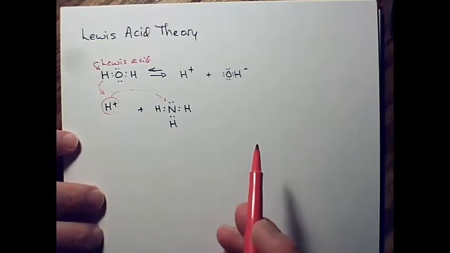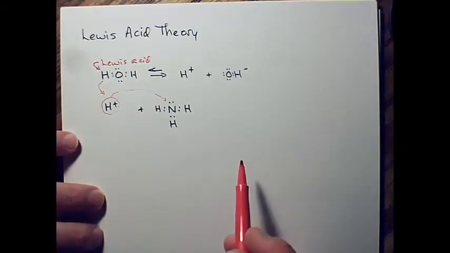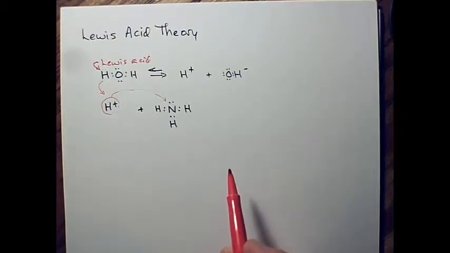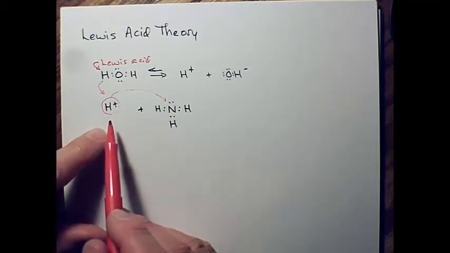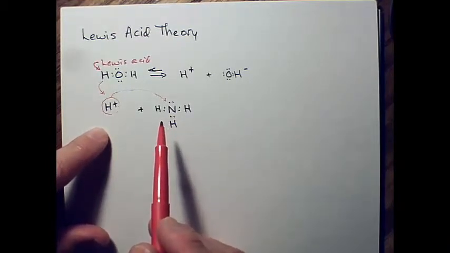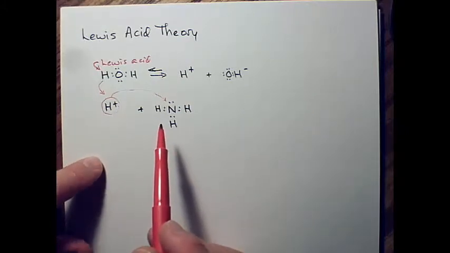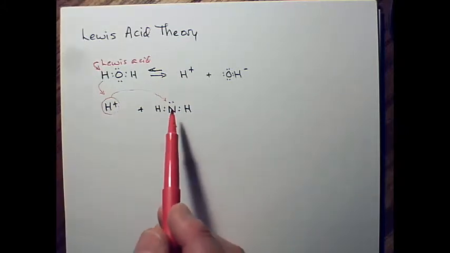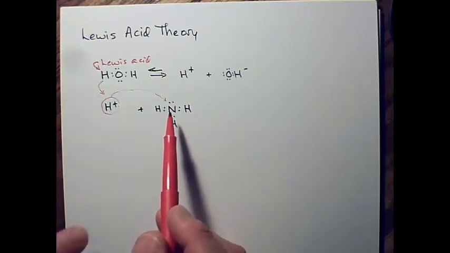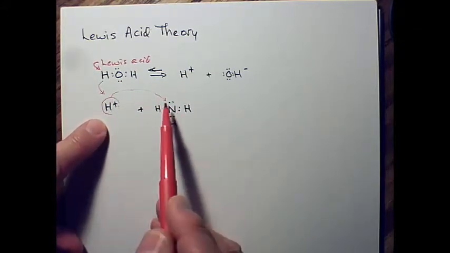By the definition we gave for Lewis bases, it's a chemical species that brings a pair of electrons to a covalent bond. Lewis base is any chemical species that brings a pair of electrons to a covalent bond. Well, that means this ammonia must be a Lewis base because it's bringing that pair of electrons to this covalent bond.